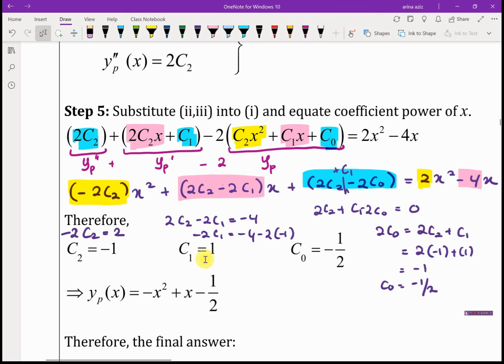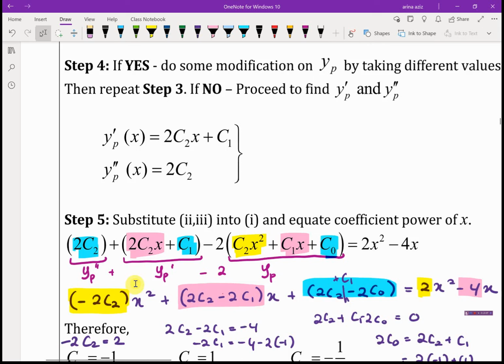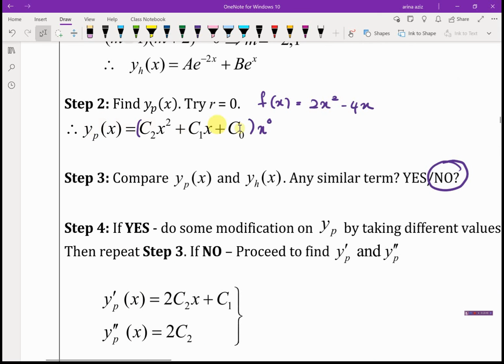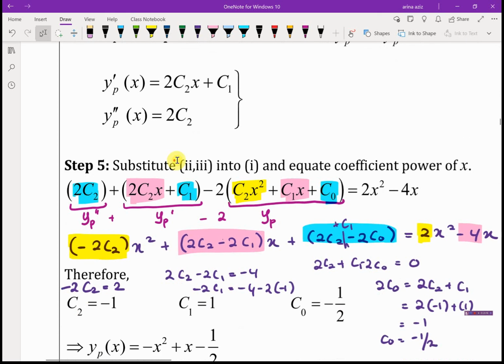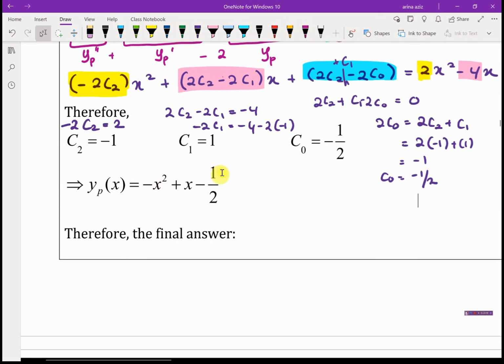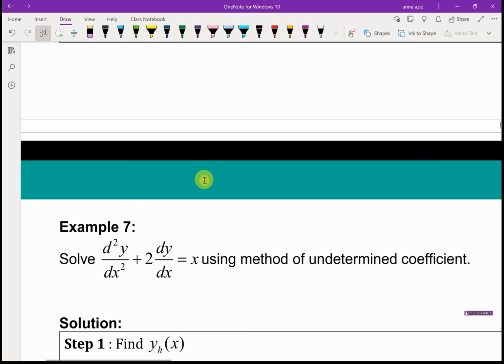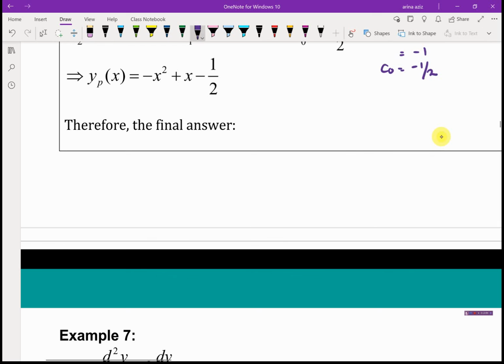So once we determine what c0, c1 and c2 are, now we can substitute this into YP. Remember this YP, the one that we originally guessed? So this is our YP. And don't forget that the final answer is the combination of y equal to YH plus YP. So what is our YH again?